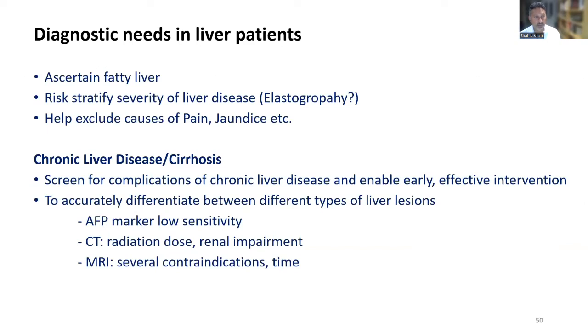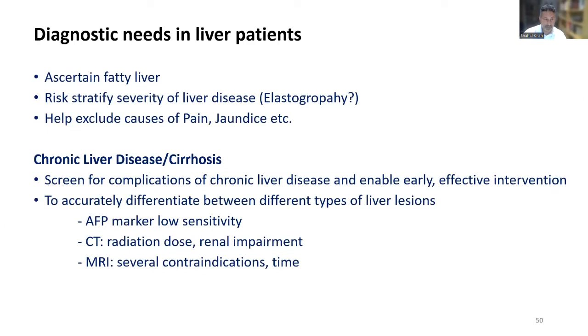We need to be able to risk stratify the severity of liver disease, because, as I've explained, fatty liver is very common, but only a proportion will go on to develop fibrosis. And although the definitive gold standard test for liver fibrosis is a biopsy, it's simply logistically impossible to biopsy a third of the adult population every few years.